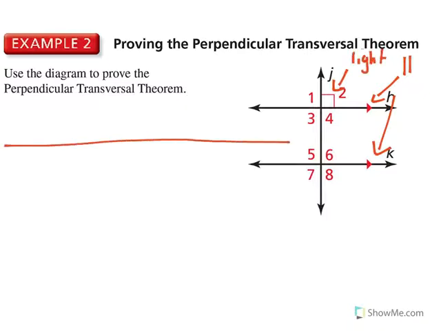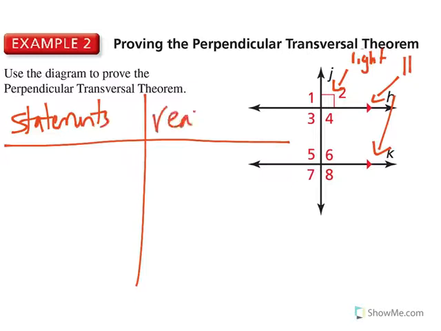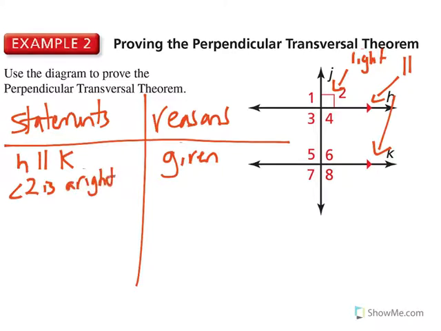So if I start off with my statements and my reasons, I can start with knowing that H is parallel to K because it's given to me in my diagram. I can also say that angle 2 is a right angle. And it would be given as well.